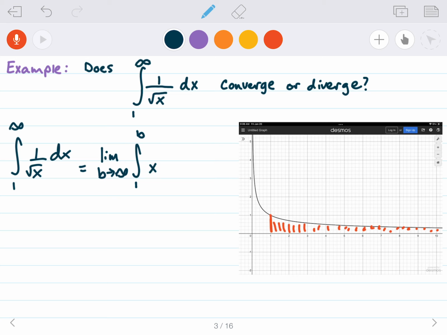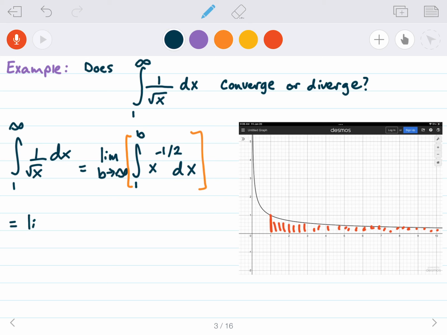And instead of 1 over root x, I'm just going to write x to the -1/2 dx. Okay? So what I'm going to do is ignore this limit part on the outside of this set of orange brackets, and just evaluate that integral just like we usually do.